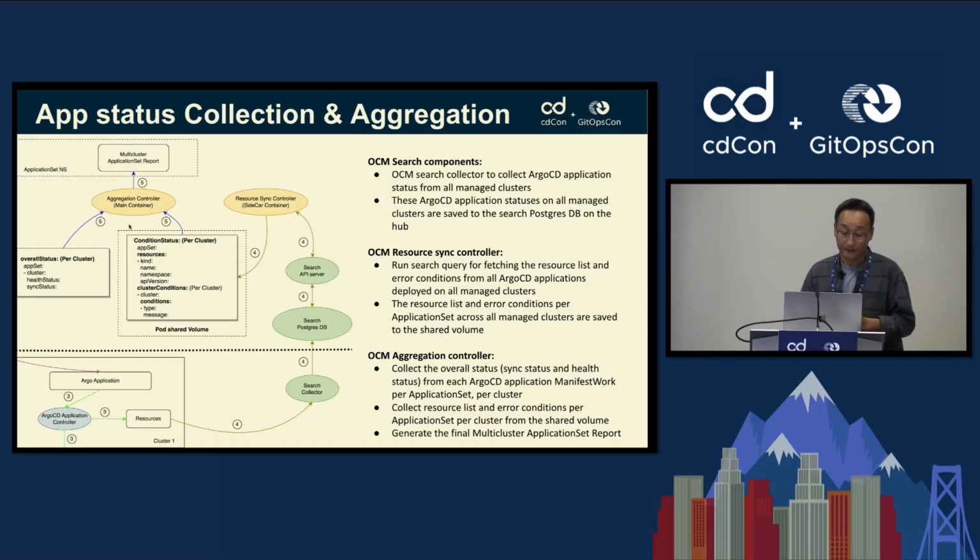The second one is the per-cluster condition status from this intermediate YAML output. And then finally, by combining all of this information, we're able to generate a final multi-cluster application set report CR in the same application set namespace. So this is how the application status collection and aggregation works here.